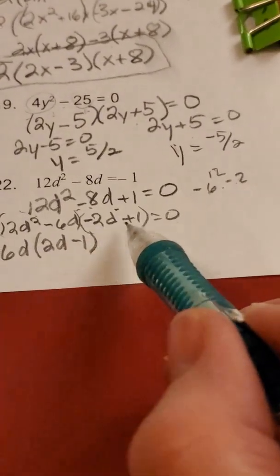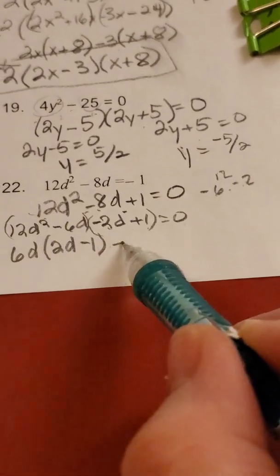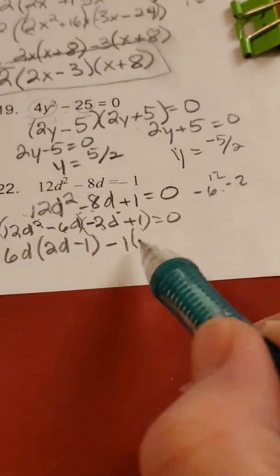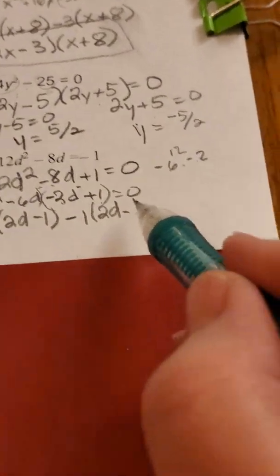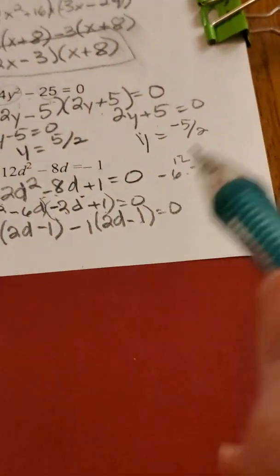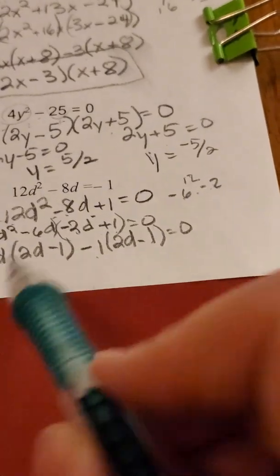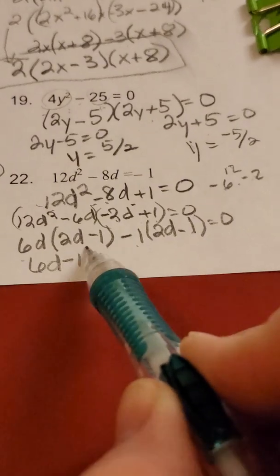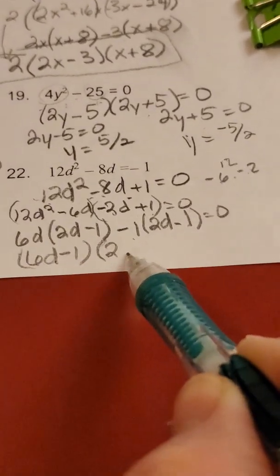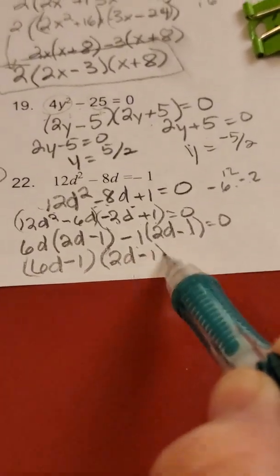And then this is already negative d plus 1, so we factor a negative 1 out. And we end up with 2d minus 1 equals 0. All right, so 6d minus 1 and 2d minus 1 equals 0.